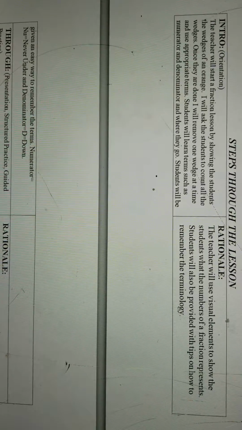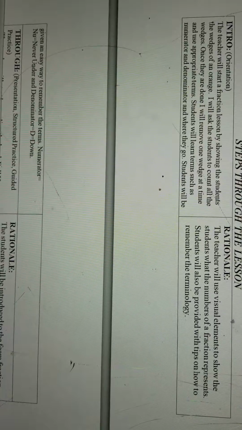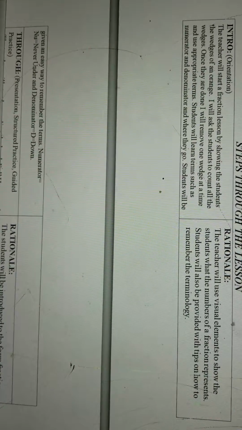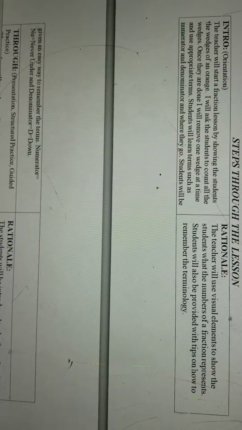At the beginning of the lesson, the teacher will start a fraction lesson by showing the students the wedges of an orange. I will ask the students to count all the wedges. Once they are done, I will remove one wedge at a time and use an appropriate term. Students will learn the terms such as numerator and denominator and where they go.